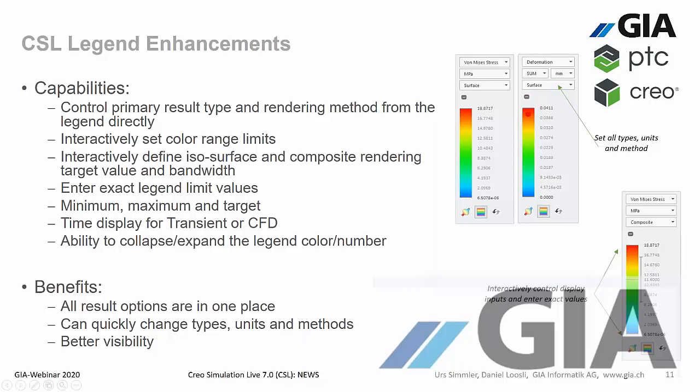Maybe if you want to change the maximum value, you can type in the value, or you just drag this line up and down, and the legend will change, or here you can reset the legend, or you can show different types of information, deformation, von Mises stress, and so on. So it's very intuitive and quite easy to learn how to handle this legend.